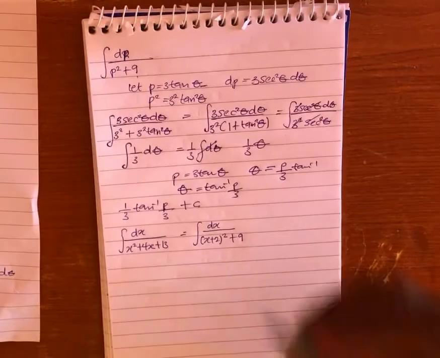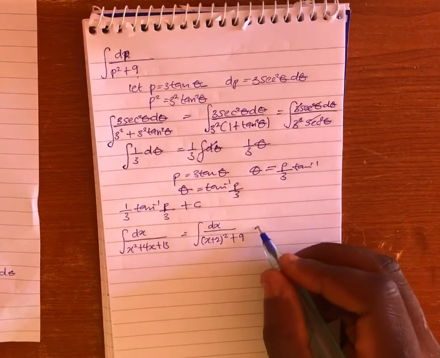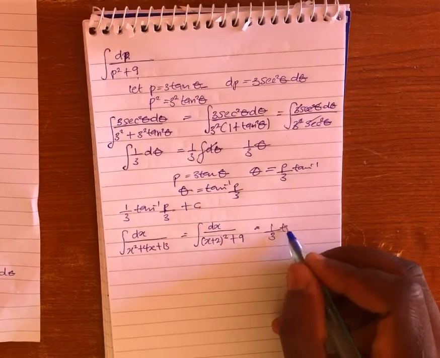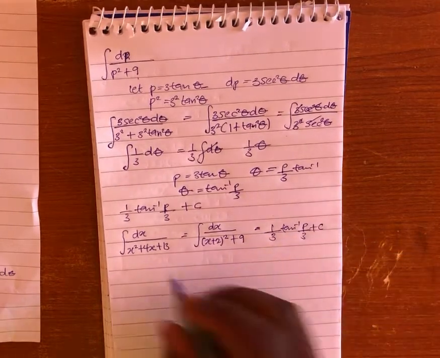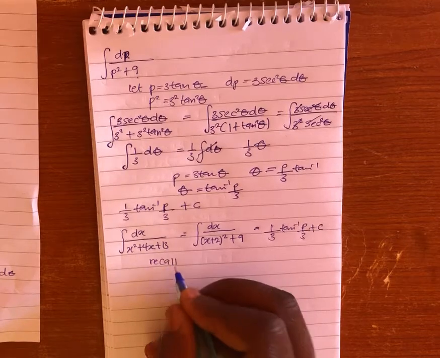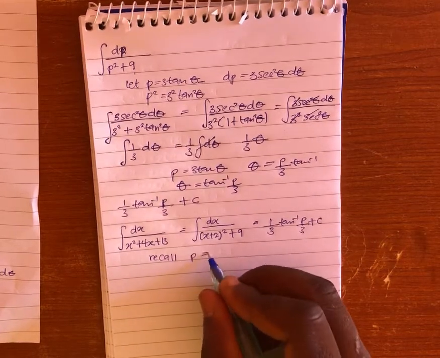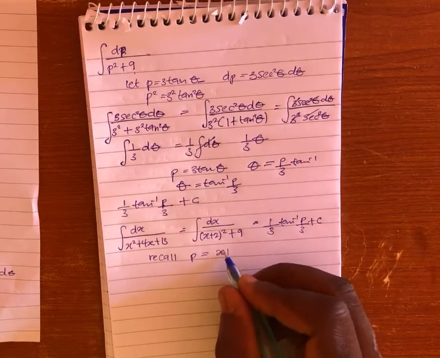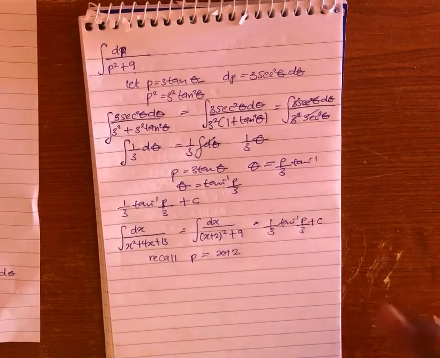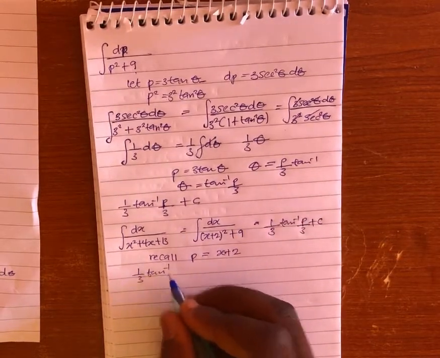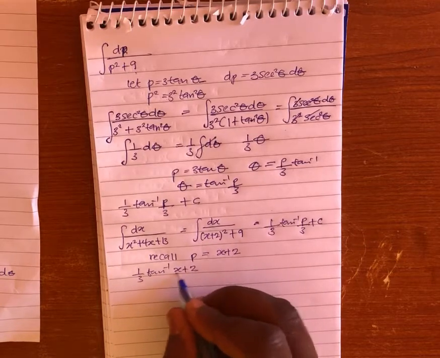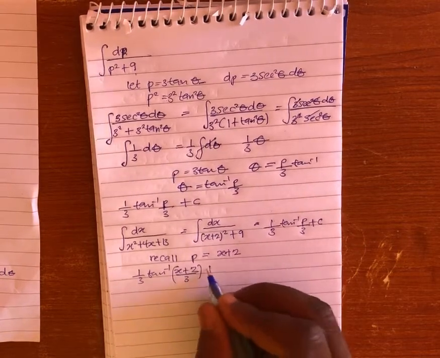So here the answer to this is also the same thing as 1 over 3 tan inverse of p over 3 plus c. Then recall, what was the value of my p? My p is the same thing as x plus 2. So let me put back my p. I'm having 1 over 3 tan inverse of x plus 2 over 3 plus c.